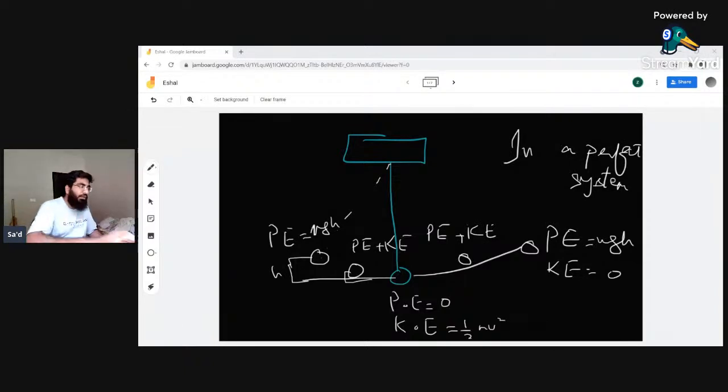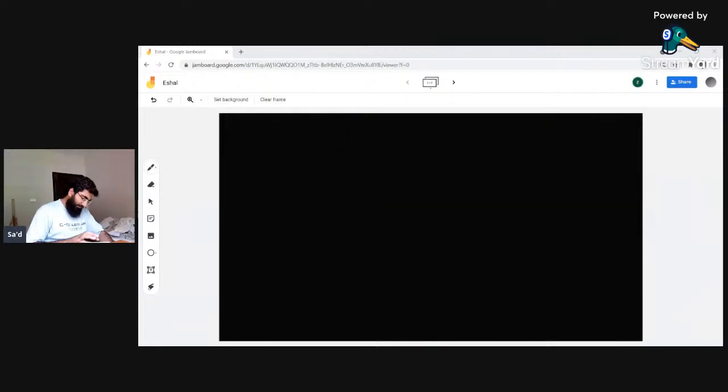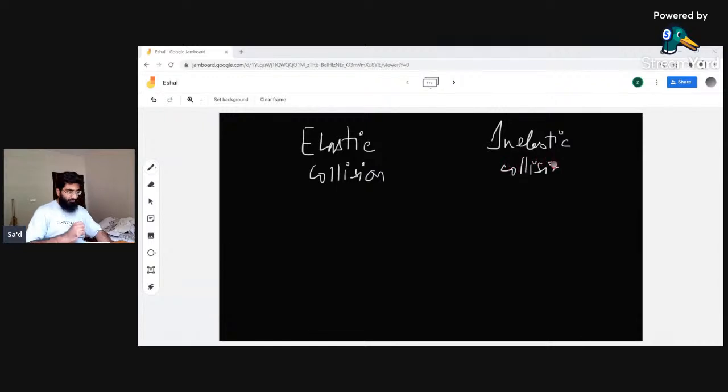ठीक है जी. अच्छा, हमारे पास एक और छोटा सा केस है, which is of elastic and inelastic collision. Elastic collision and inelastic collision. ठीक है जी.